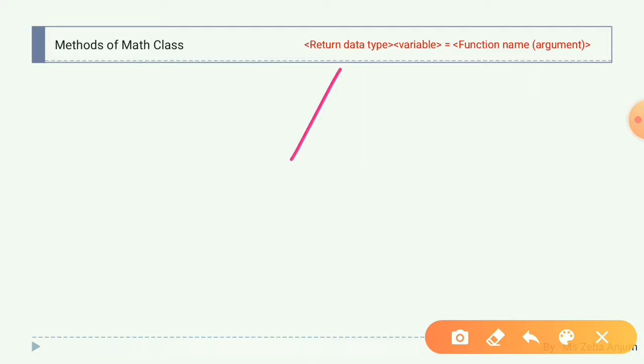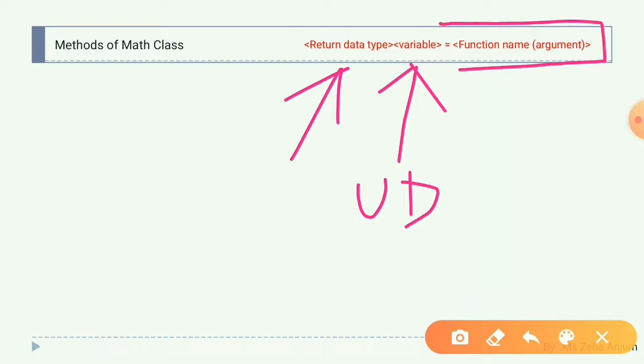The first thing you get over here is your return data type. Firstly you will write your return data type, then some variable that is user defined, and then a function name with arguments. Those function names we are going to discuss after some minutes.